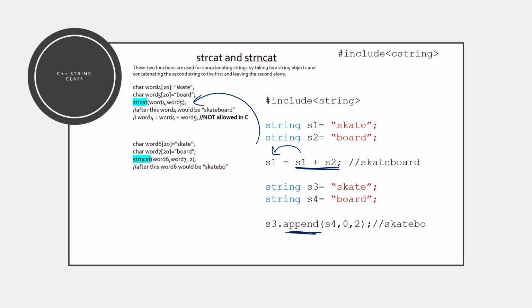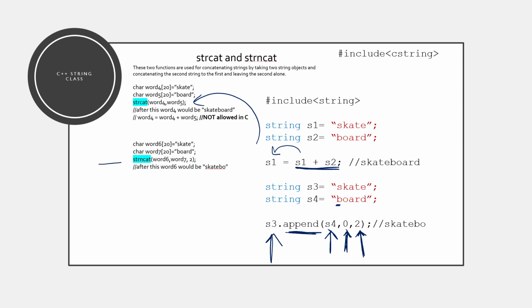So you're going to take S3, which is skate, and you're going to take S4, which is board, and you're going to start at the index 0 of board, which is right here, and you're going to take 2 characters from board and put them onto the end of S3. So that's how you would append the 2 characters.